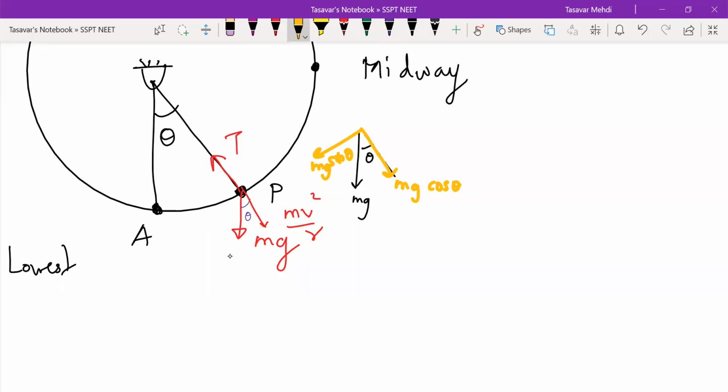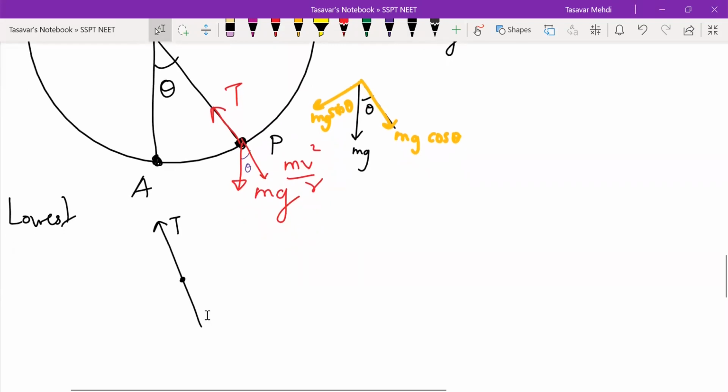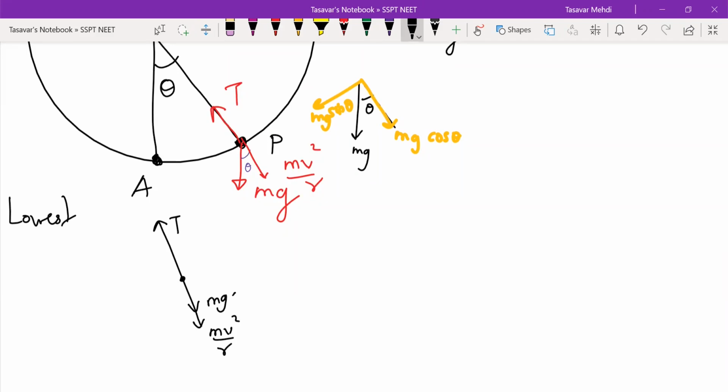Yes. Okay. Now, if I look very clearly, I have a force tension which is this way. I have a force mv square by r that is away from the center and a component of weight which is mg cos theta, correct?